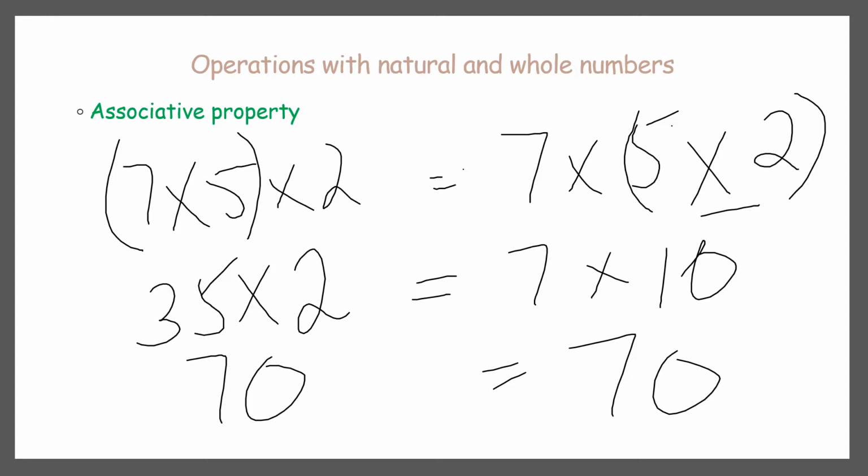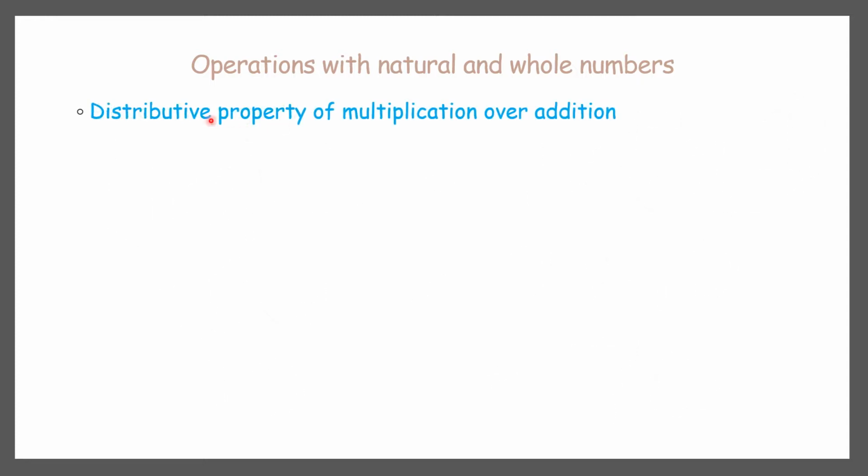Now let's move on to the last property, which is distributive property of multiplication over addition. So here we are dealing with two operations, multiplication as well as addition. In this property, the product of a whole number and the sum of two or more whole numbers grouped together is equal to the sum of the products of the former number with each of the grouped numbers.